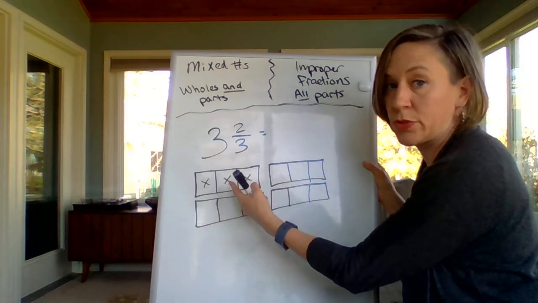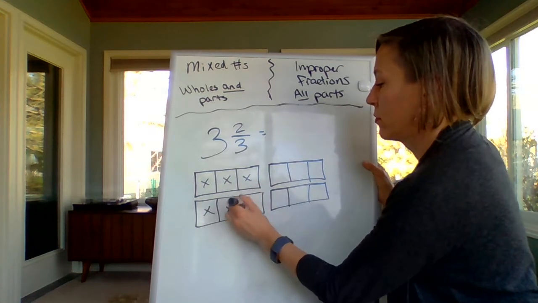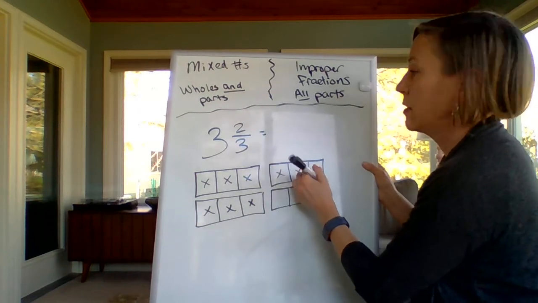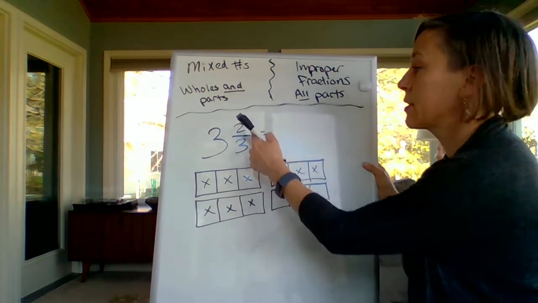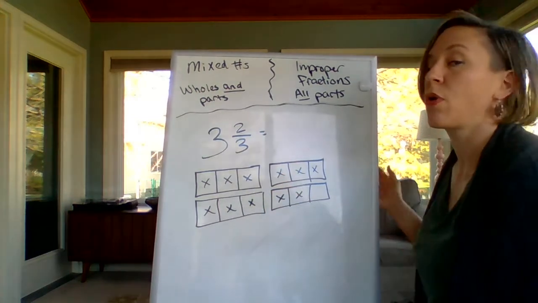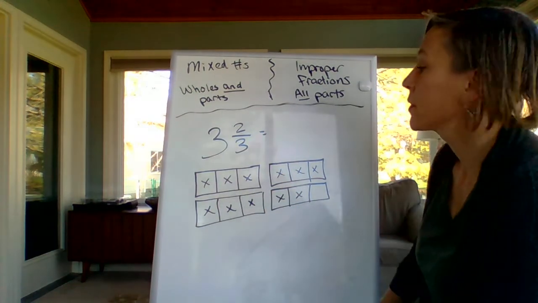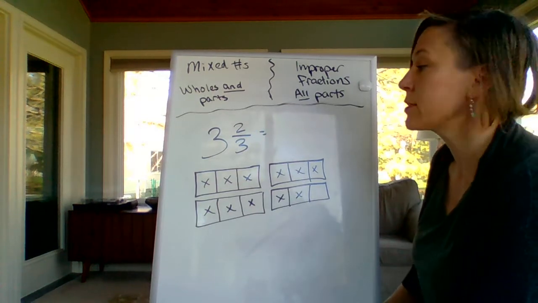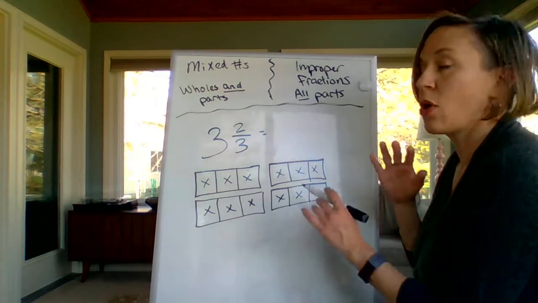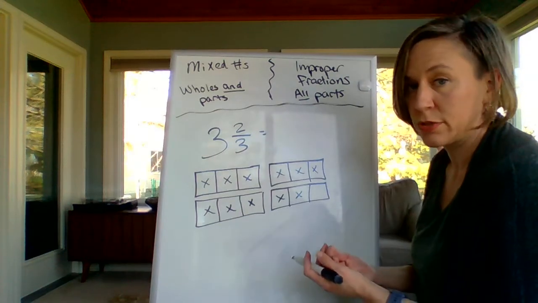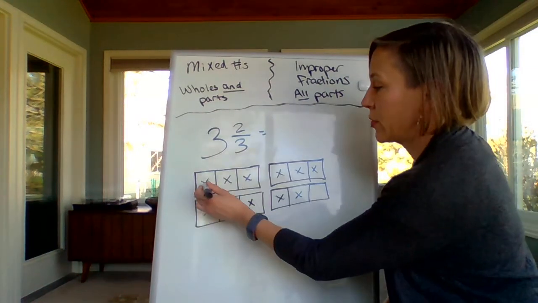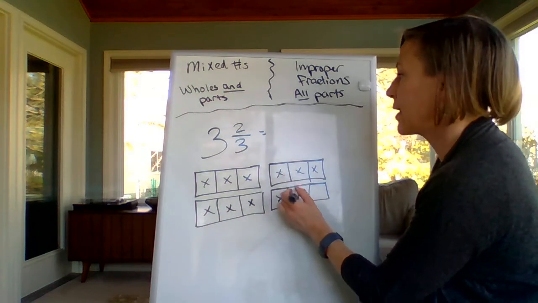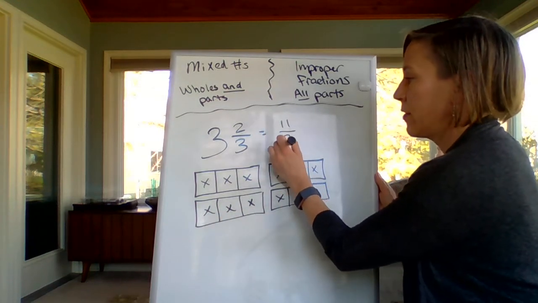So there's 3/3 or 1 whole. There's 3/3 or 2 wholes. There's 3/3 or 3 wholes. And then I know I need 2 more thirds, not another whole. So now I have modeled the number 3 and 2/3. But if I want to express this in all parts, just in all thirds, then I can say, well, there's 1, 2, 3, 4, 5, 6, 7, 8, 9, 10, 11 thirds.